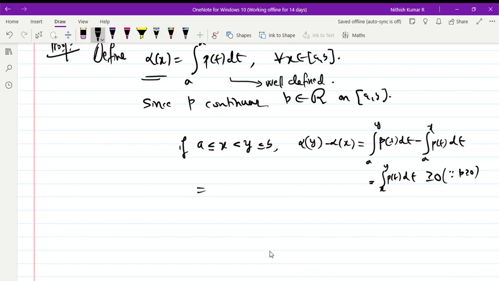Therefore we can say x less than y implies alpha of x is less than or equal to alpha of y, that is, alpha is monotonically increasing.